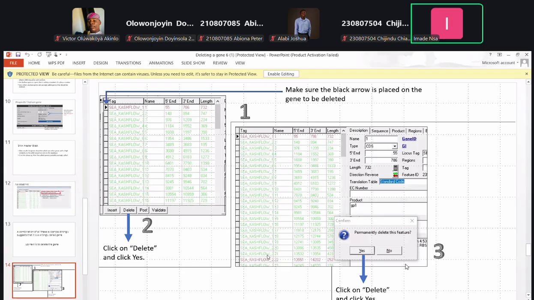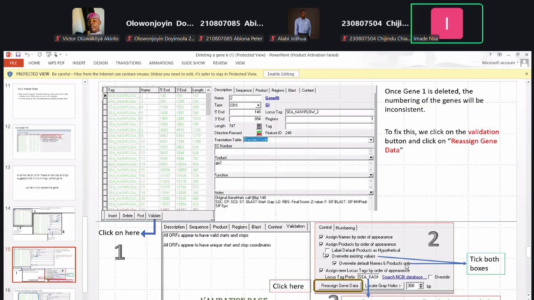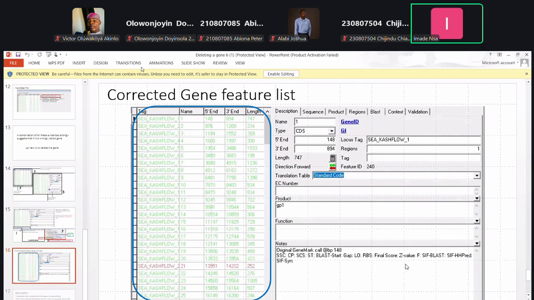However, you will want to renumber. So this is where you come to for the validation, and you click these things, assign names, etc. This is very easy for you to click on and you should practice that tomorrow. Then you will see that there is a corrected gene. This automatically highlighted gene would be corrected. There will be renumbering, okay?